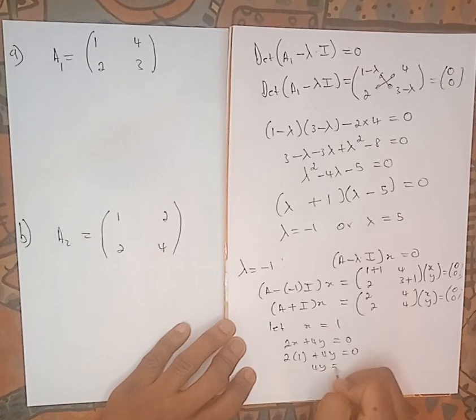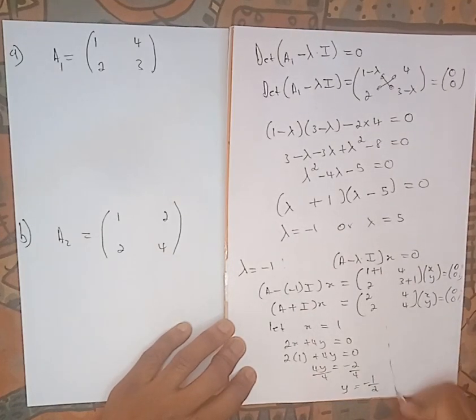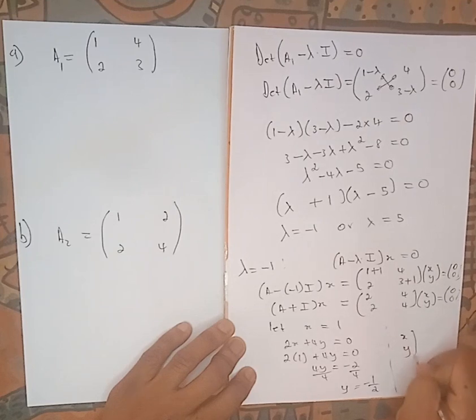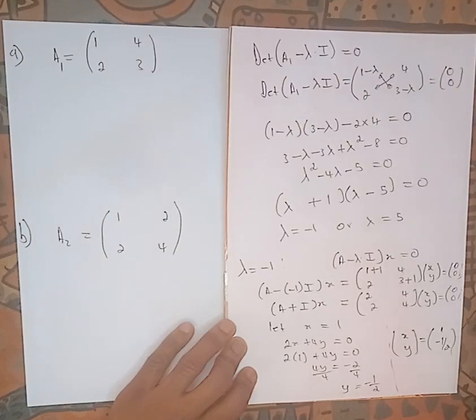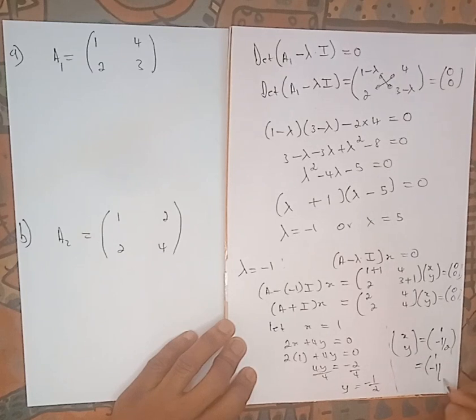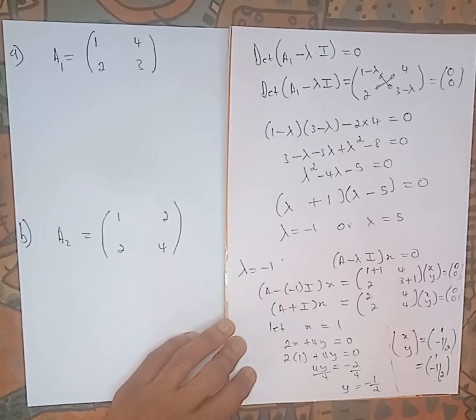So my 4y is going to be minus 2, over 4 over 4. So my y is going to be minus 1 over 2. So the value of x and y will be 1 and minus 1 over 2. So when the eigenvalue equals minus 1, the eigenvector will be 1 and minus 1 over 2.